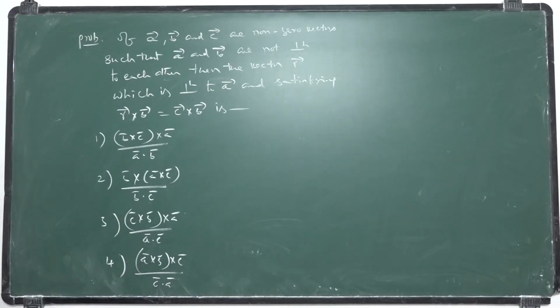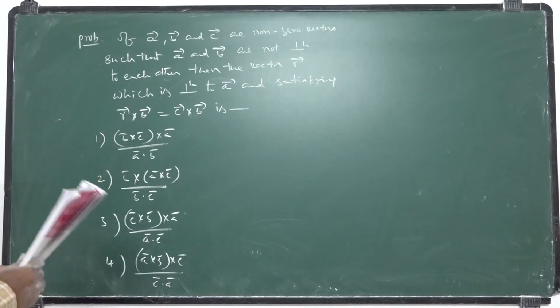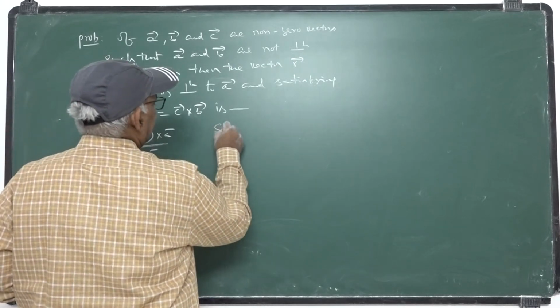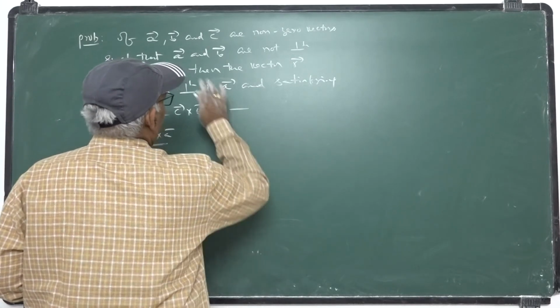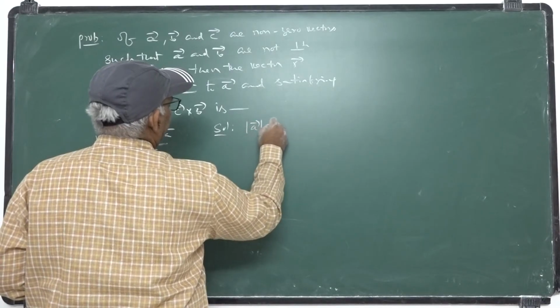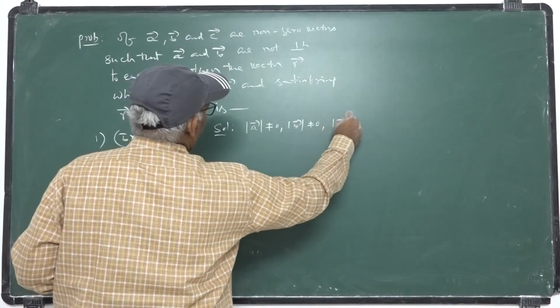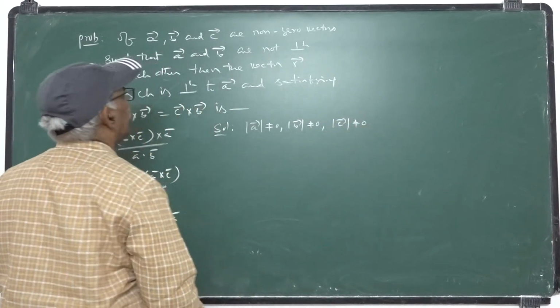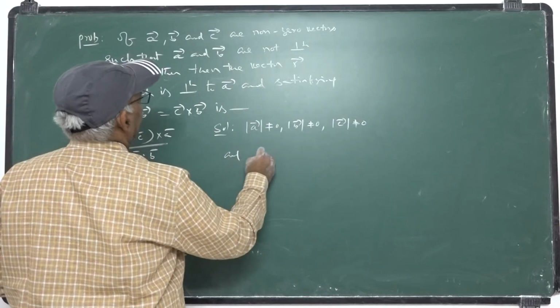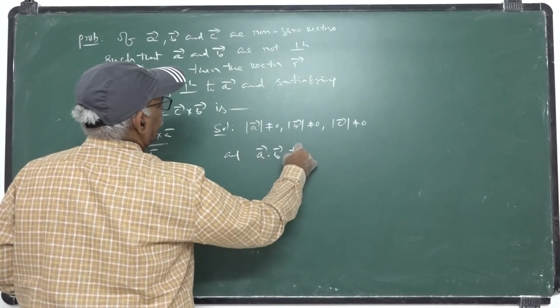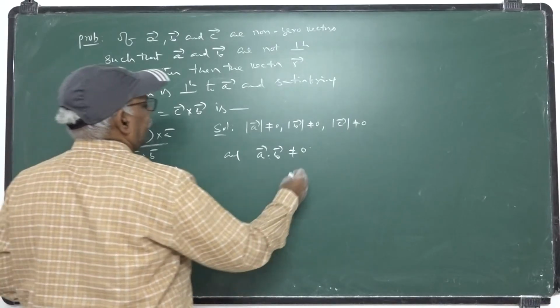A bar, B bar, C bar are non-zero vectors and A dot B is not perpendicular. Then the vector R bar which is perpendicular to A bar and satisfying the relation R cross B equal to C cross B. Just analyze the data. A bar is not equal to 0, B bar is not equal to 0, C bar is not equal to 0, and A dot B is not equal to 0, not perpendicular.